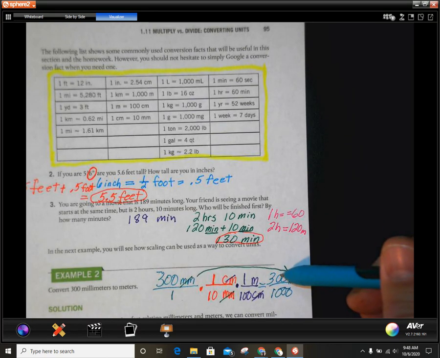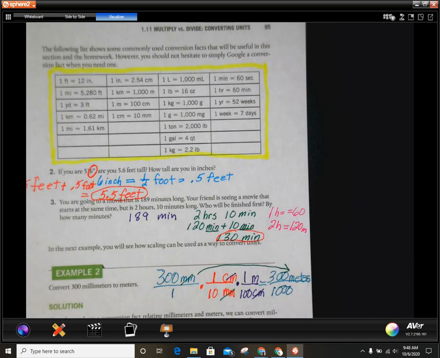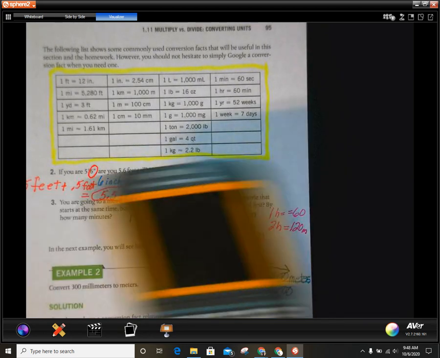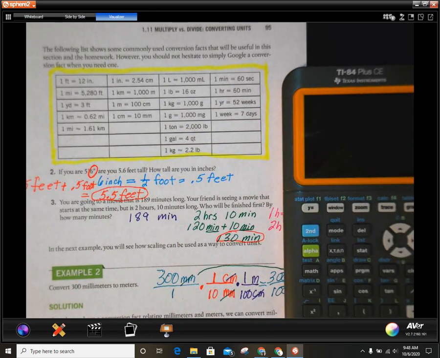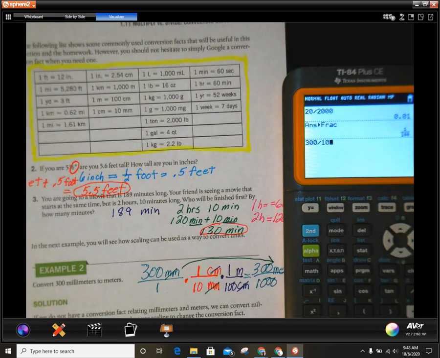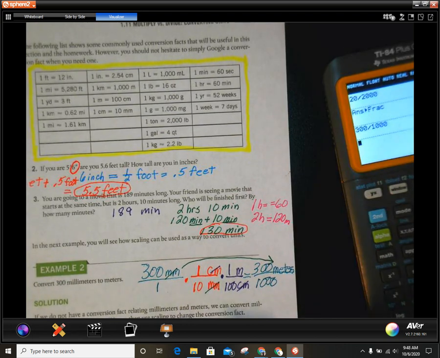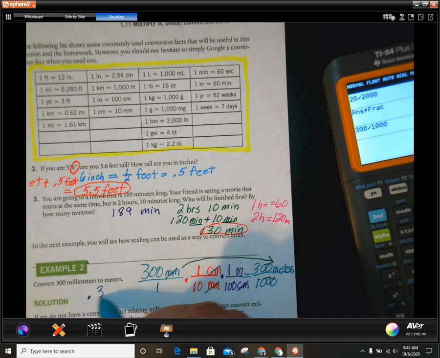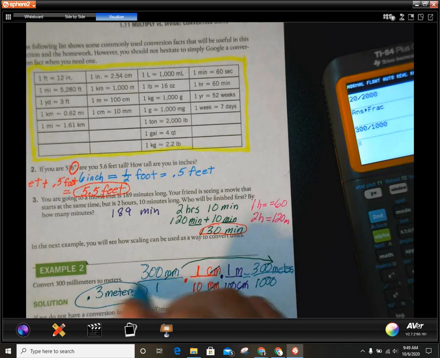So now I'm going to take my calculator, take 300 divided by 1,000. 300 divided by 1,000 is 0.3 meters. And that's my answer.